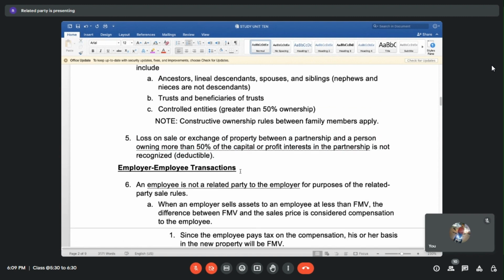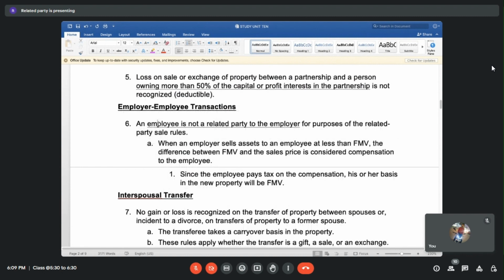Any employer-employee transaction: employer and employee are not considered to be related parties, because a lot of times the employer will give away something to an employee at lower than FMV, or maybe for free, but then that could be considered as perks. It may be taxable in the hands of employees, or the employer may give certain assets to employees at less than fair market value.